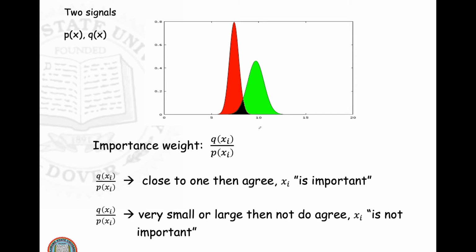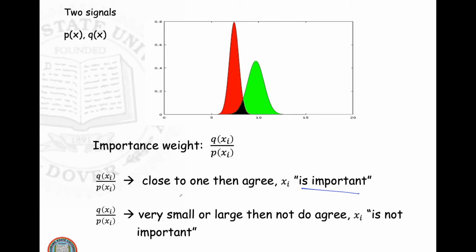If we think about it, if Q over P is close to 1, that means both distributions P and Q agree on value xi. And that means value xi is, quote unquote, important. Because if many different distributions agree on it, that means they place the same or close to the same probability mass on value xi, and therefore that value must be important.